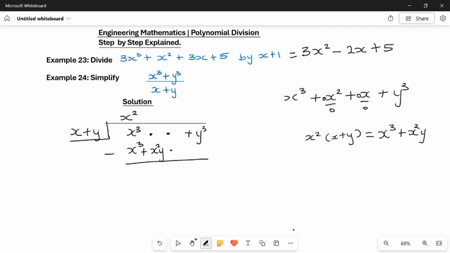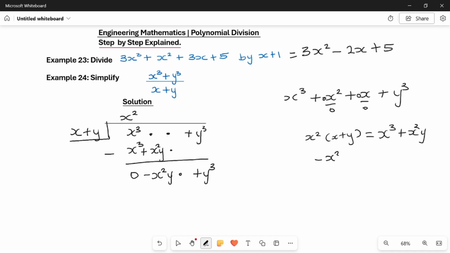Let's subtract. We subtract x cubed minus x cubed will give us 0. Minus times plus will give us minus x squared y. We'll bring down this 0 that is here. Then we'll have our plus y cubed. So we'll do the same thing.